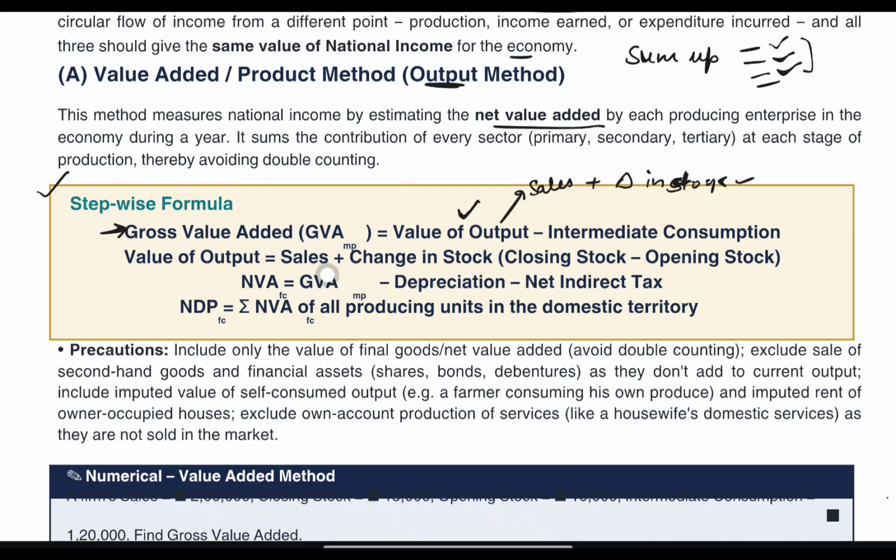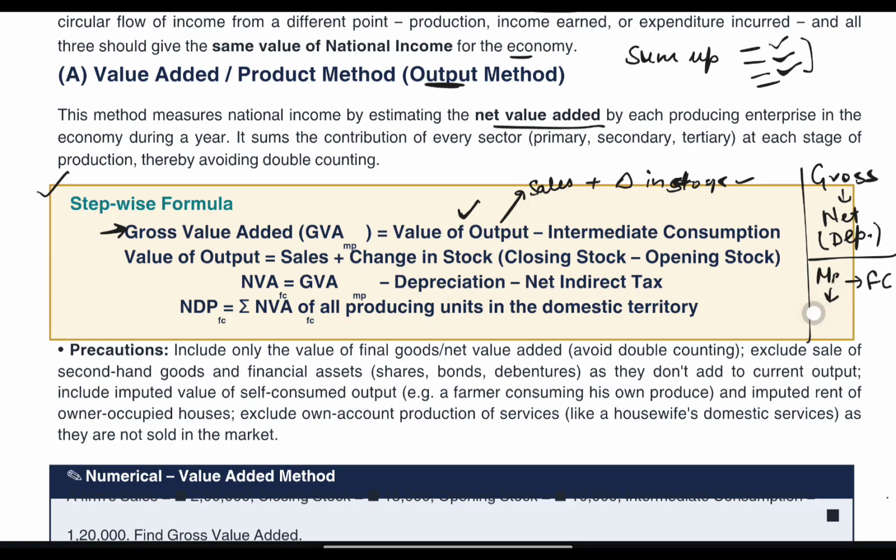From here we get gross value added, and if you want to go from gross to net, then subtract depreciation from gross. If you want to go from MP to FC, that is market price to factor cost, then we treat net indirect tax separately.